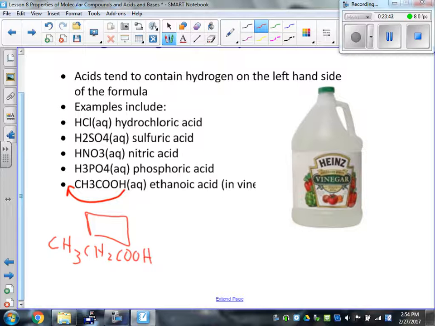This one doesn't, but actually this is the one that could go right there if you wanted to. In fact, we could rewrite that differently. We could call it HCH3COO, which would be vinegar, acetic acid. It says ethanoic acid, but another term for that is acetic acid. Ethanoic acid is the fancy term for it in vinegar.